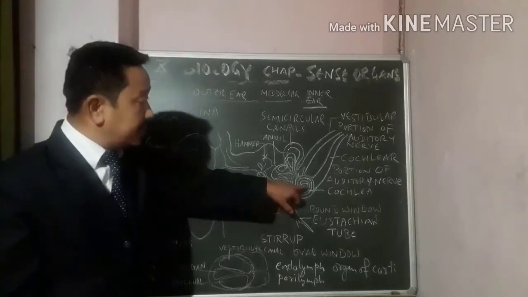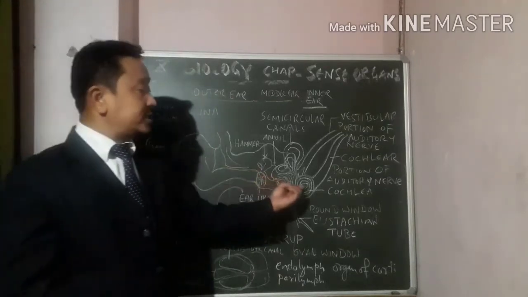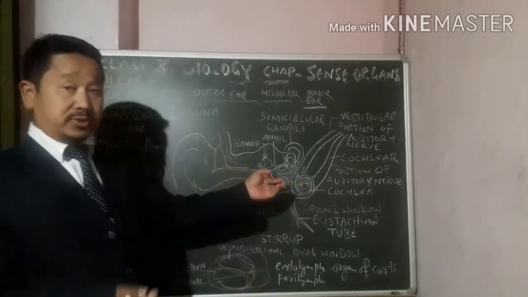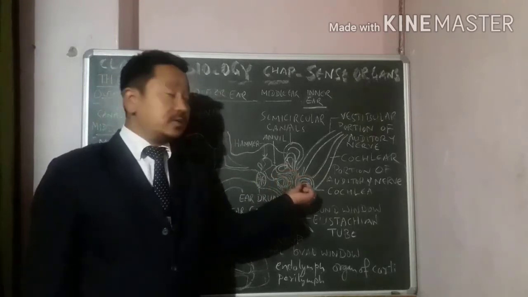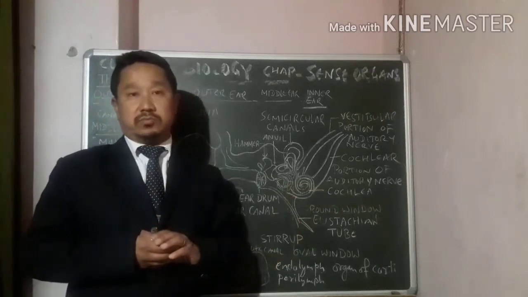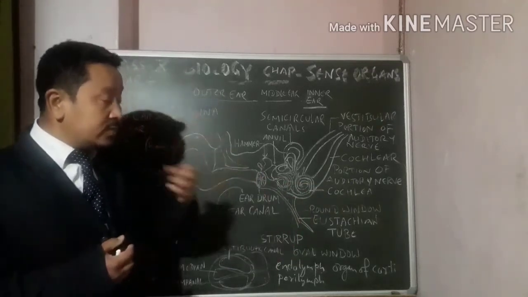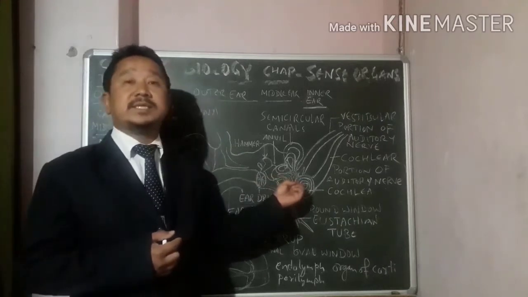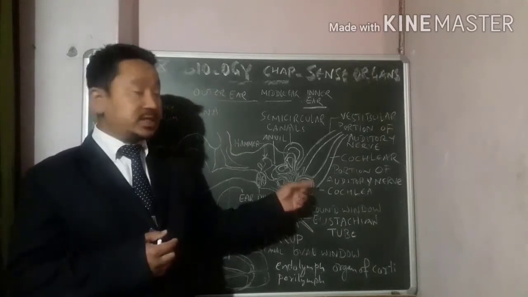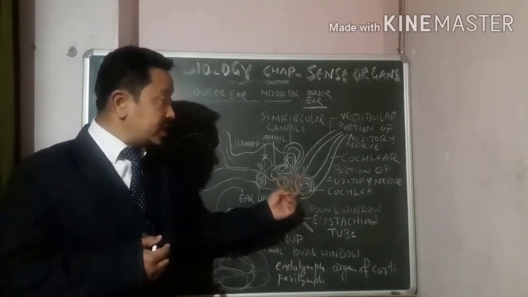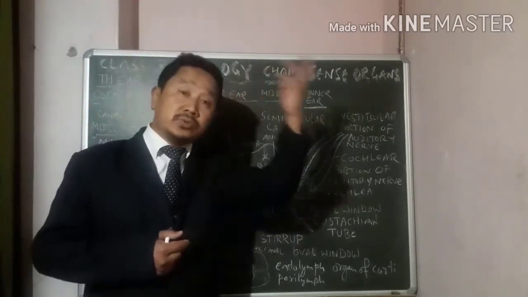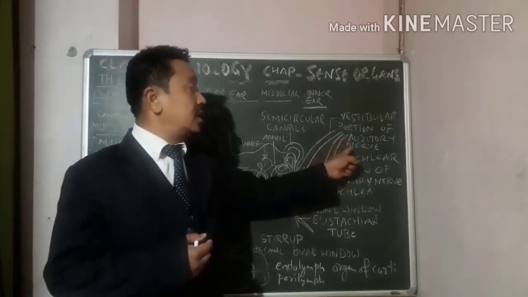How it happens in the cochlea is that the fluid substance inside, the endolymph and perilymph, as we have discussed before, is also set into vibration. This vibrating movement of the fluid now stimulates the sensory cells present here, so that the impulse from here will be taken to the brain via the auditory nerve.